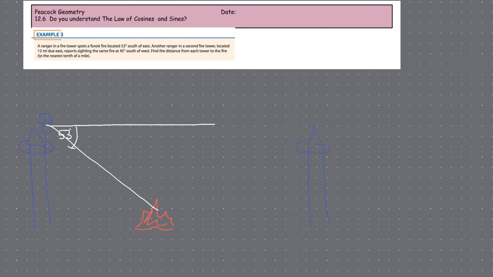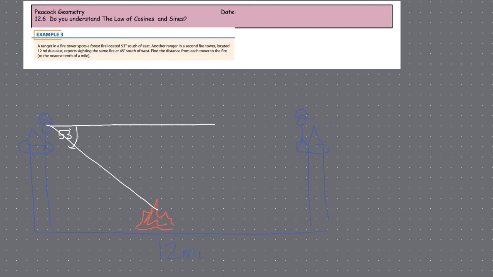And he's on his tower and he's looking out. He's got a nice little hat too. Now this tower is 12 miles east, so this whole section right here is 12 miles. He is 12 miles east of the first tower.